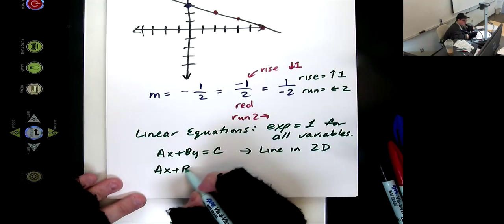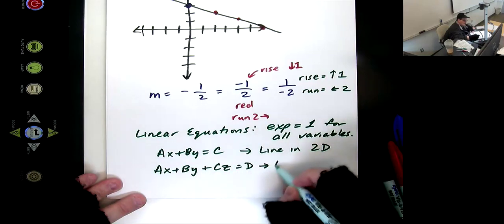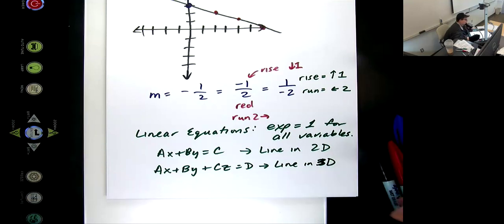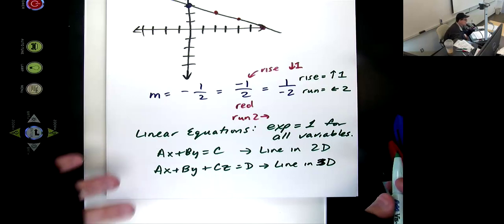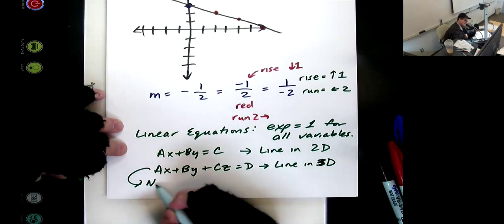Ax plus by plus cz equals d is a plane in 3D, but you're not going to be able to graph that on paper. We're not doing that in here, but in calculus 3 you will work with lines in 3D. Not until calc 3.